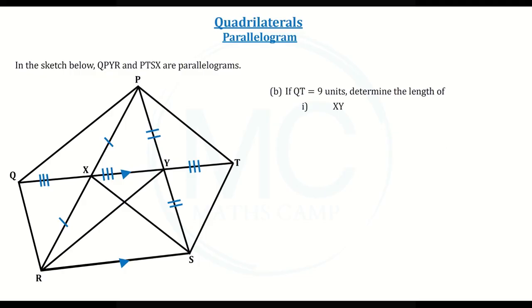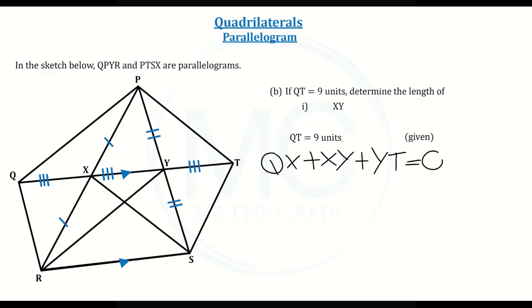Let's consider the whole line of QT. We know that QT is 9 units long because this has been given to us in the question. We also know that QX plus XY plus the third section, YT, is all equal to QT.